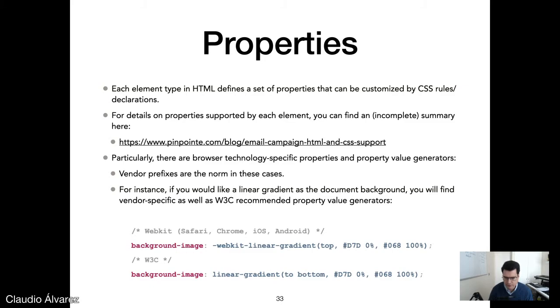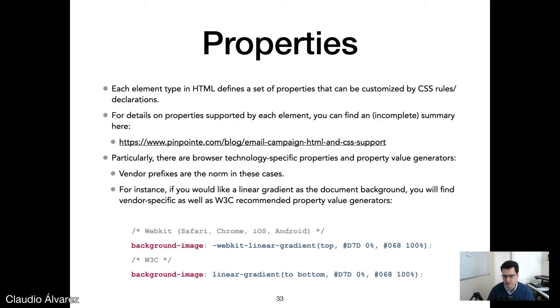And to specify, for instance, a linear gradient as the background for some element, there's a property value generator, which is -webkit-linear-gradient. That's sort of a function, you know. So it's got the browser prefix on it. That means that it's only compatible with WebKit browsers. And in some cases, back in the early 2000s, this was quite a headache for developers because they had to specify custom rules for the different browsers all the time.